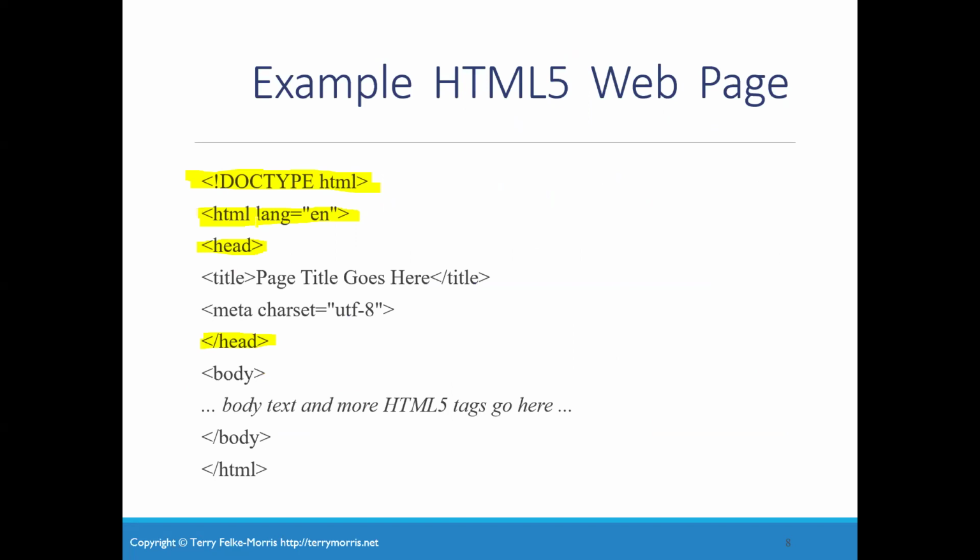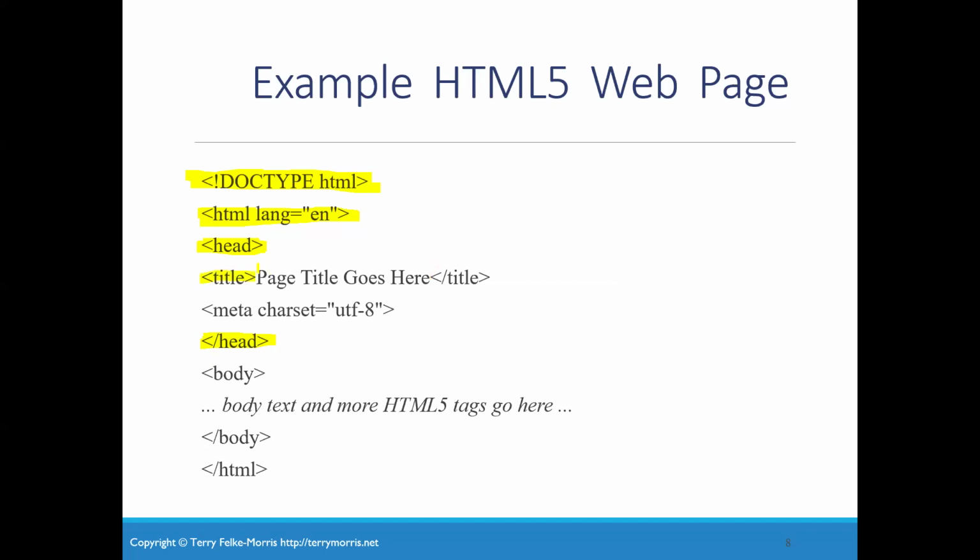Now, these are the elements we are talking about. In HTML5, you write what? Elements. So this head element, this is the opening one, and this is the closing one. The difference between the opening and the closing is the slash in between. Then we have the title.